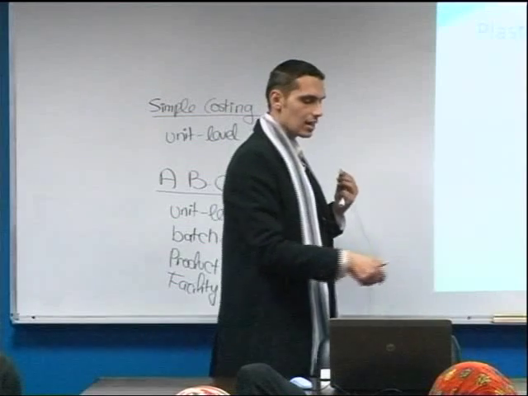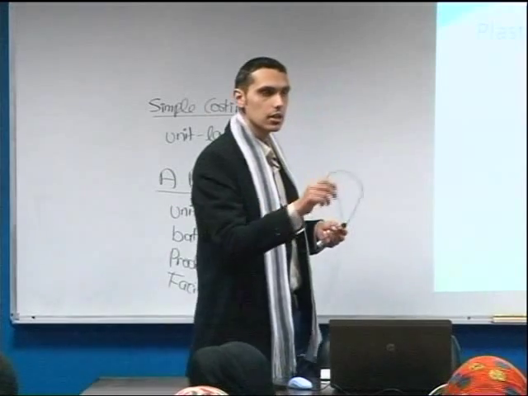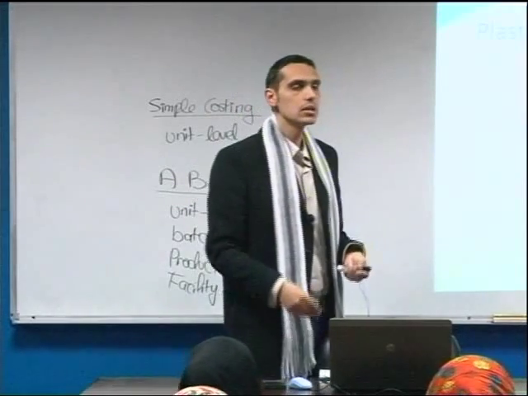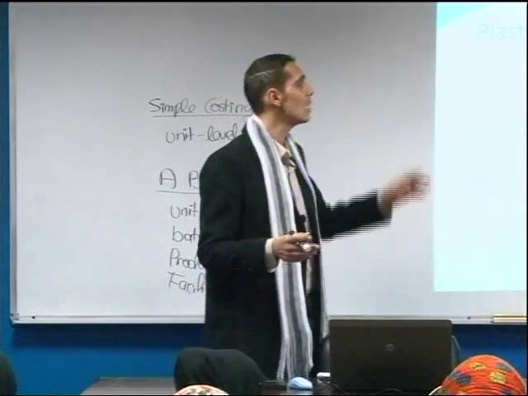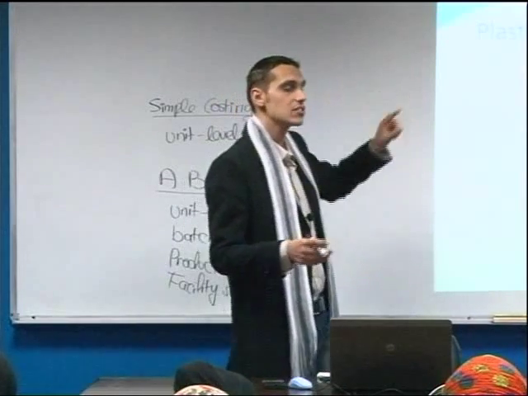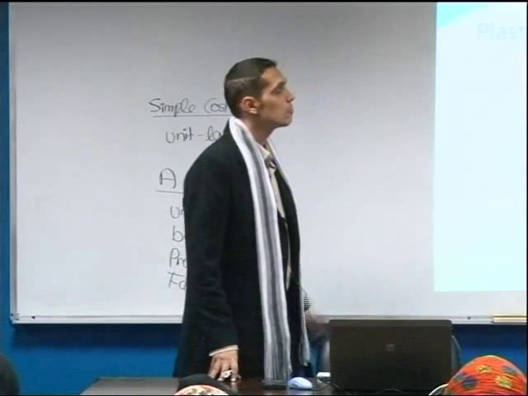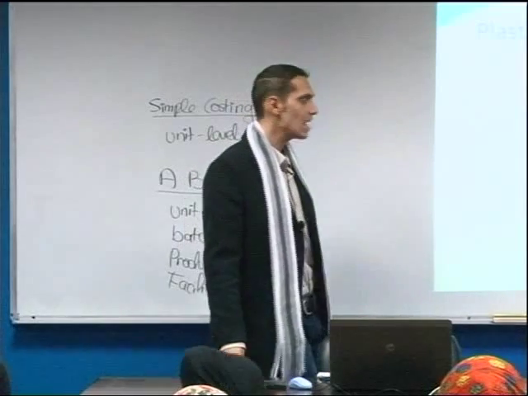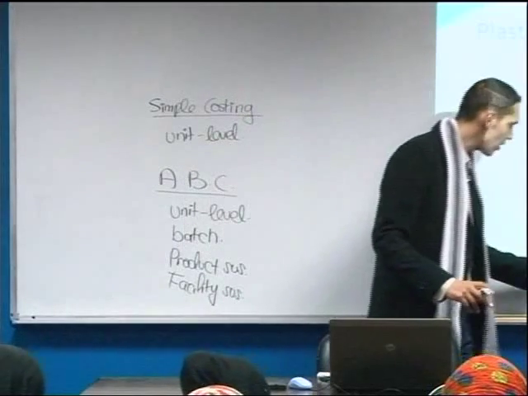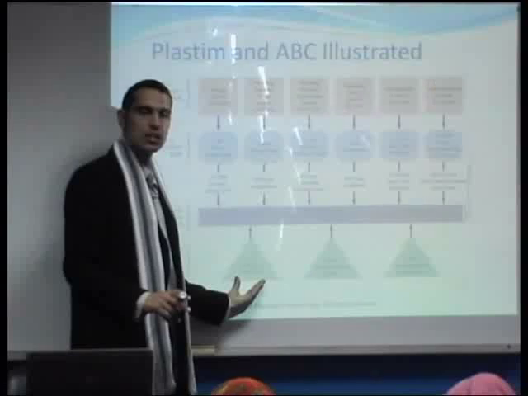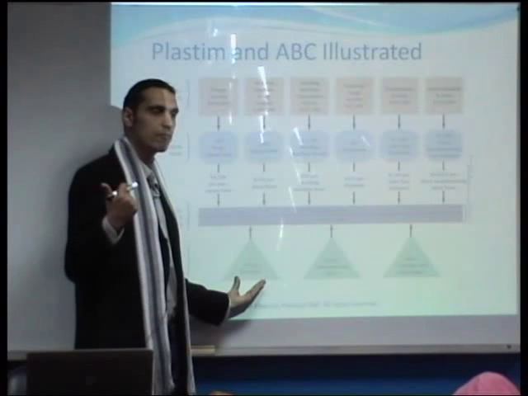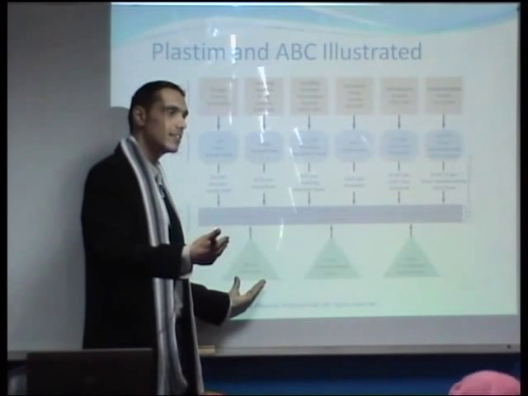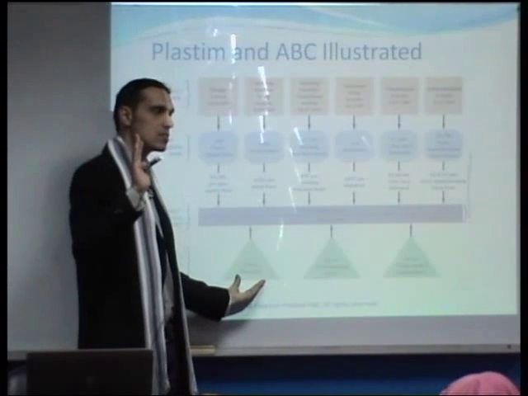So as we can see here, this is the diagram that illustrates the costing system according to the activity-based costing system in Plastem Corporation. As we can see here, the direct materials were not changed because they were direct before and they are still direct. There is no difference here.